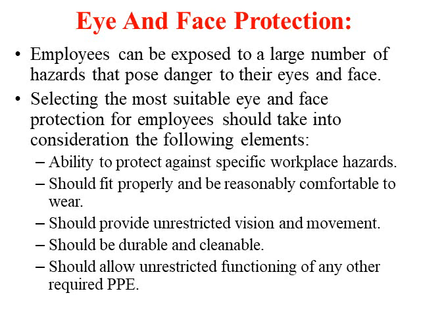According to OSHA, employers should ensure that employees have appropriate eye or face protection if they are exposed to eye or face hazards from flying particles, molten metal, liquid chemicals, acids or caustic liquids, chemical gases or vapors, potentially infected material, or potentially even harmful light radiation.